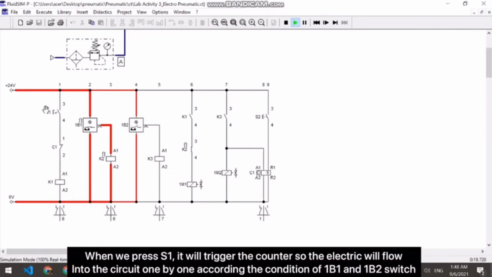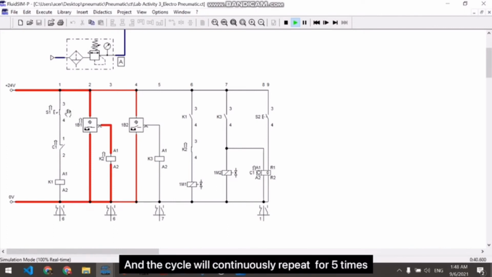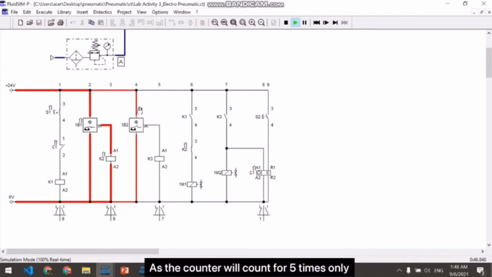When we press S1, it will trigger the counter, so the electricity feeds into the circuit one by one in every level according to the condition of 1B1 and 1B2, either open or closed. The cycle will continuously repeat 5 times, as the counter will count 5 times only.